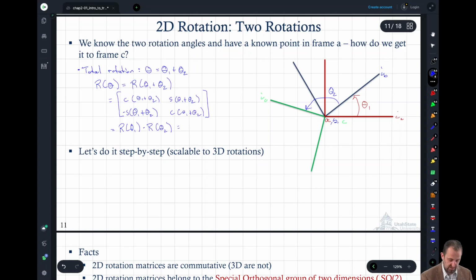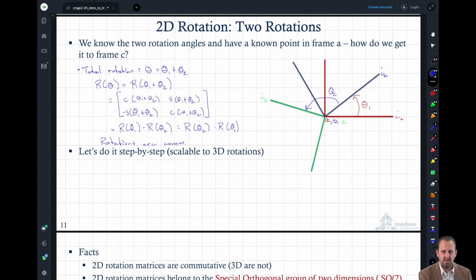And it would actually equal the rotation of theta 2 times the rotation of theta 1. So in other words, for the two-dimensional case, our rotations are commutative. So we have a commutative rotation for the two-dimensional rotations.